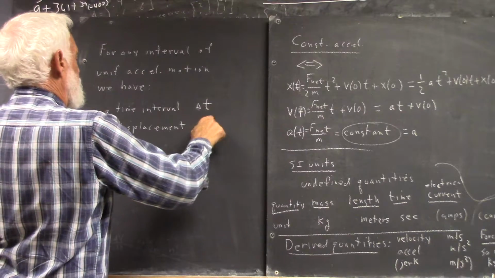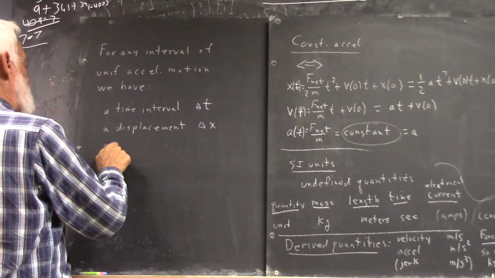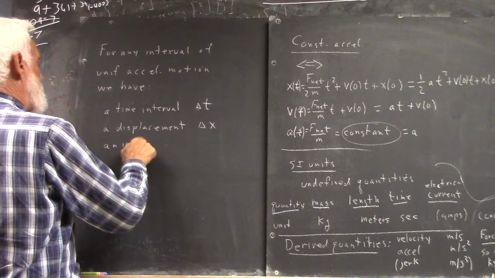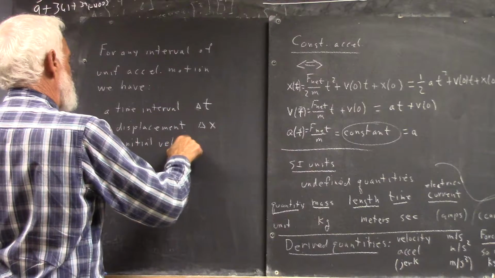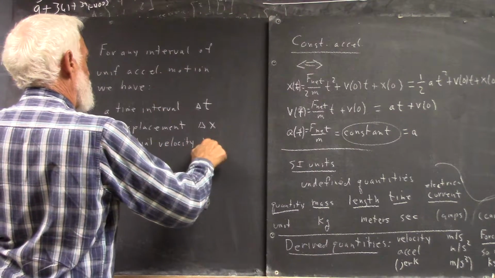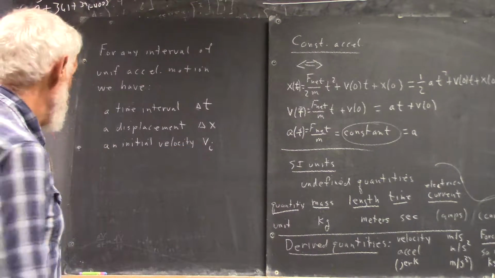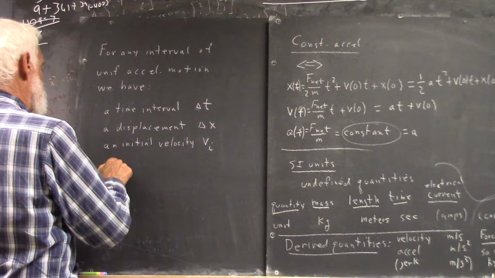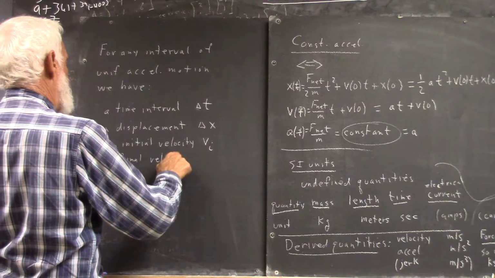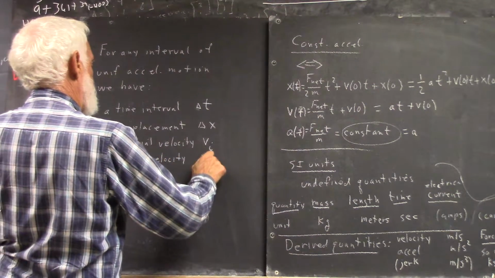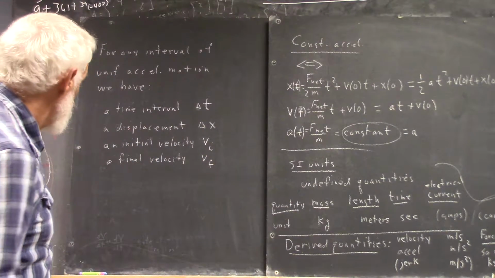A displacement delta x. An initial velocity that I'll designate v sub i. A final velocity that I'll designate by v sub f.